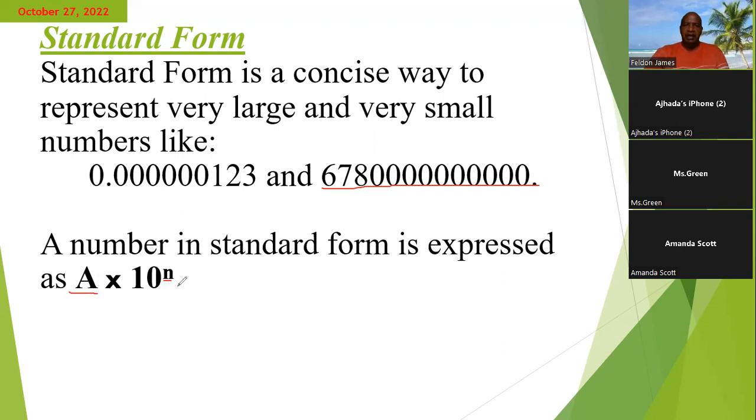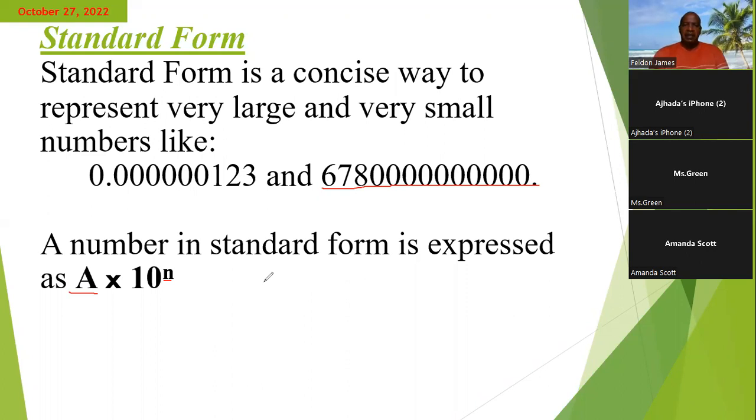N, on the other hand, has to be any integer. Now, for N, we're not going to be using any kind of decimals. So in other words, we're not using any rational number for N. We're using an integer, and the integer can either be positive or negative.